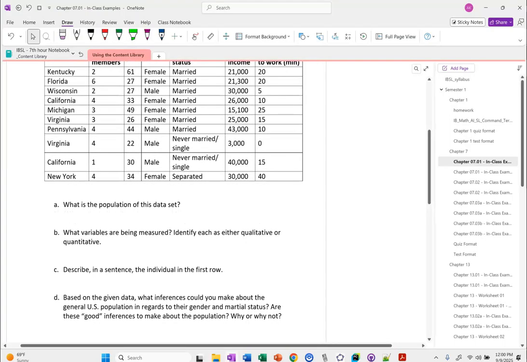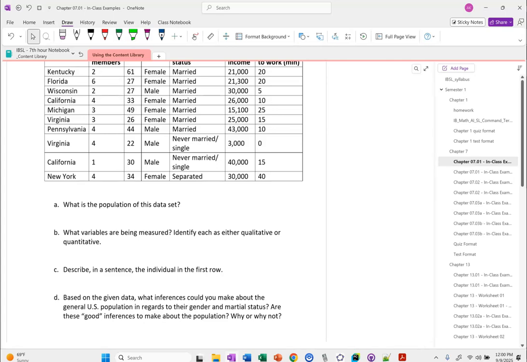Based on the given data, what inferences could you make about the general U.S. population in regard to their gender and marital status? Ethan, you want to give me a crack at that?